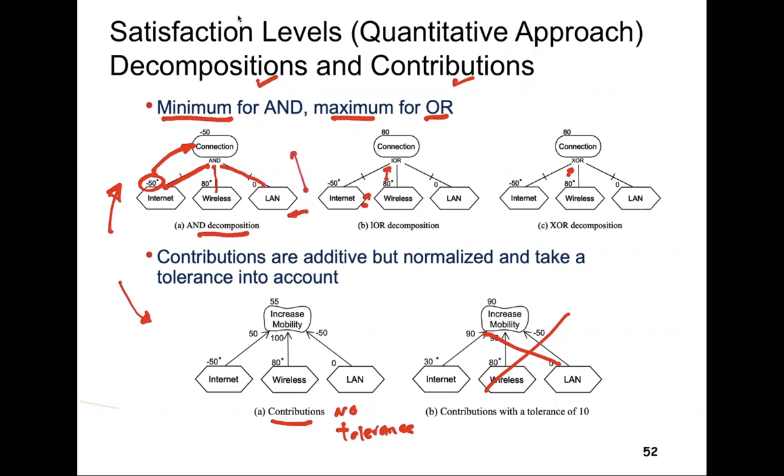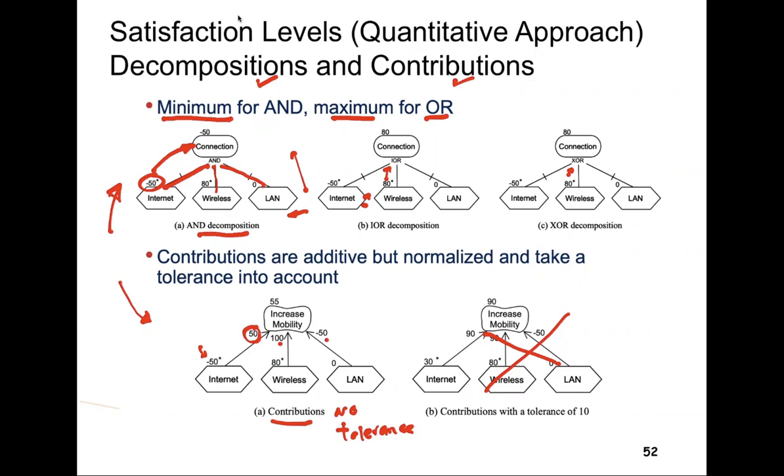And here we would like to see how we're going to propagate the satisfaction level based on the contribution links. So if we have a satisfaction level of -50 for the internet, and the contribution is 50, while for the wireless we have 80, and the contribution is 100, and for the LAN, the satisfaction level is 0, while the contribution is -50.